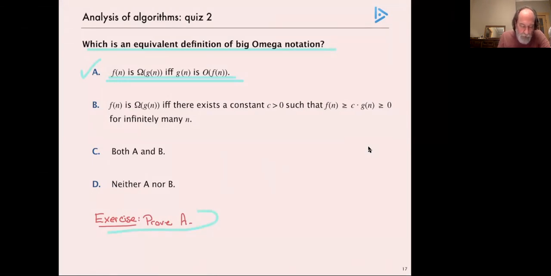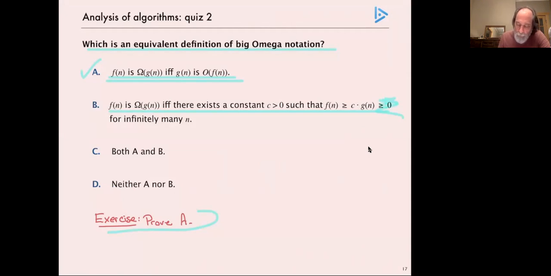Okay, option B is f of n is big omega of g of n if and only if there's a constant c and n naught such that f of n is at least c times g of n. I'm ignoring these greater than zeros. They're only there so you know these functions are larger than zero, so you can put them in the denominator of a fraction. I think that's the only reason they're there.